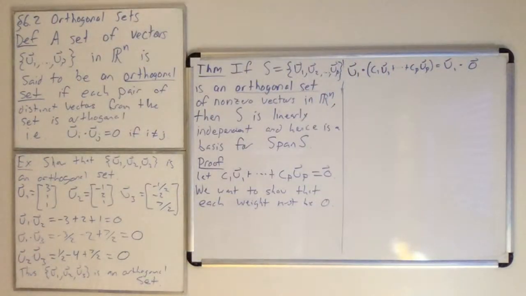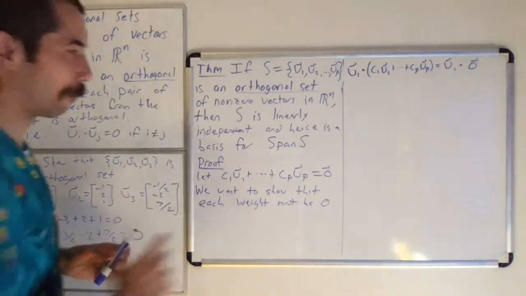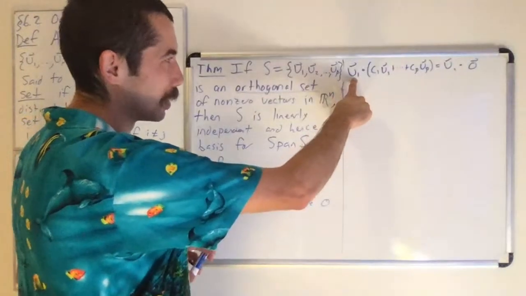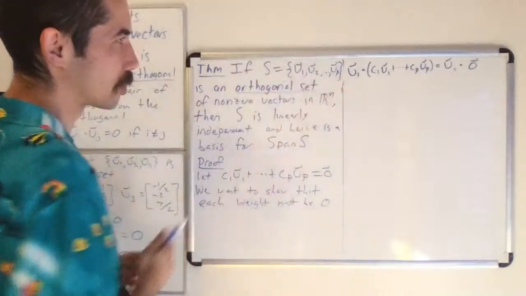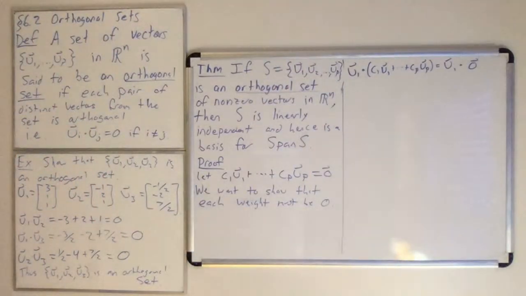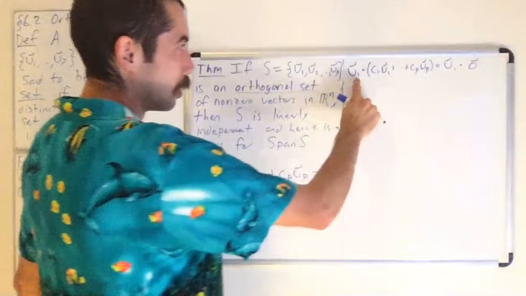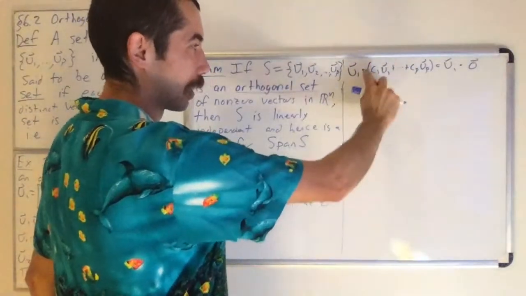We take the dot product of both sides with u1, and our choice of u1 is not really terribly important. This argument will hold for all subscripts. Remember, the dot product has a property that it can be distributed in.